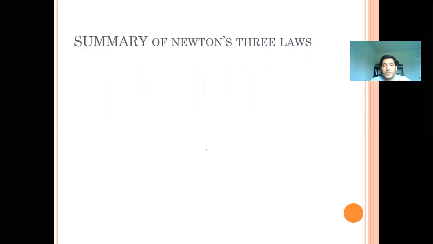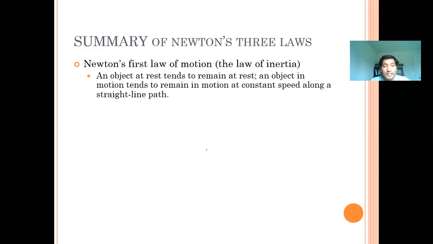Okay. So here is the summary of Newton's three laws. The first law is the law of inertia. An object at rest tends to remain at rest always if an external force is not applied, right? An object in motion tends to remain in motion at constant speed along a straight line.